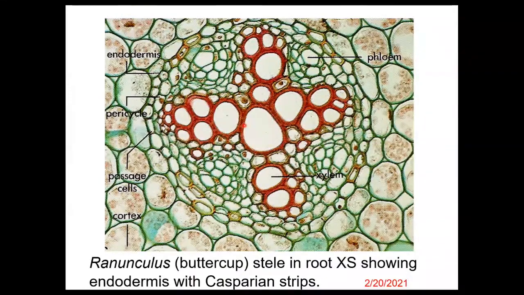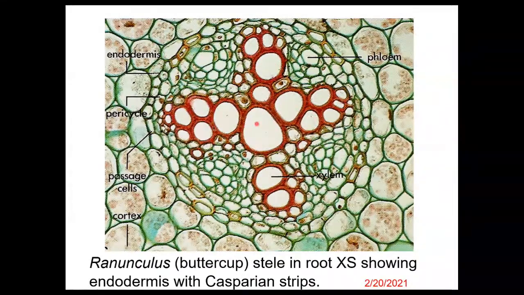Okay, let's see. The phloem is never quite as obvious as the xylem because these cells have been stained. You could make your own slide like this with a buttercup root, but this has been cut with a microtome and stained. A slide like that probably costs $2 or $3 or more now. Only 1 or 2 places in the world probably even make stuff like this because people don't look at them anymore under the scope.